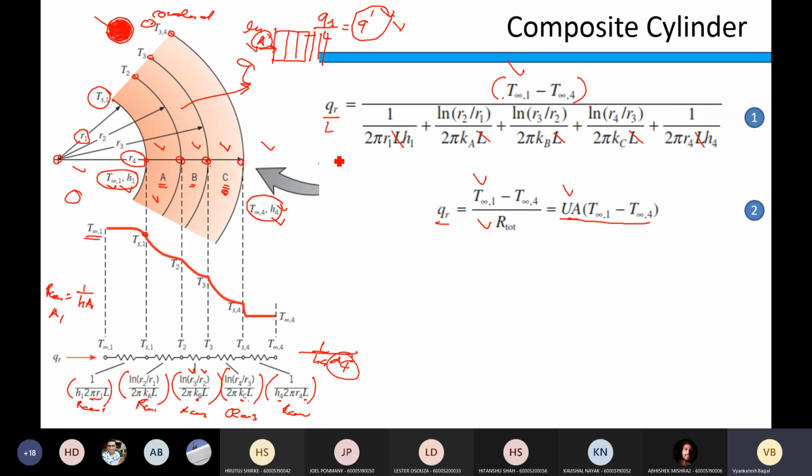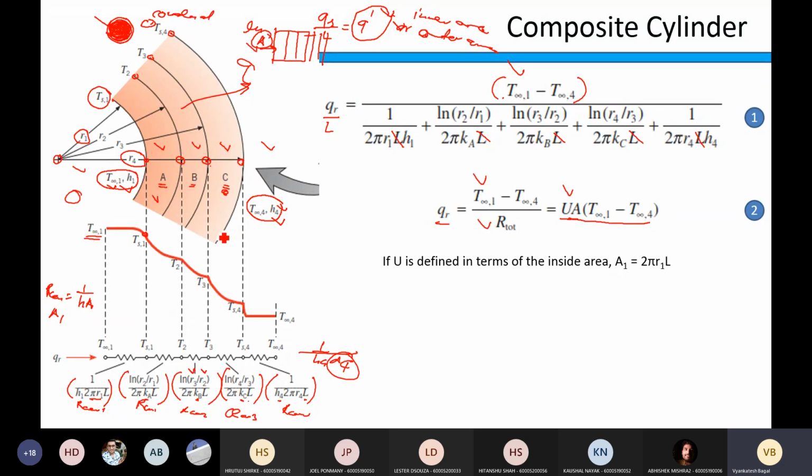So it means you have to base your overall heat transfer coefficient value on either the inner area or the outer area. In this case, you can base it on this inner area or this outer area. So we will base the overall heat transfer coefficient on the inner area, and we'll define it like this.